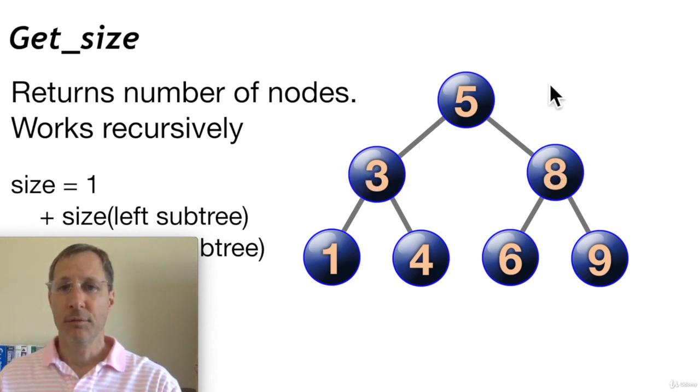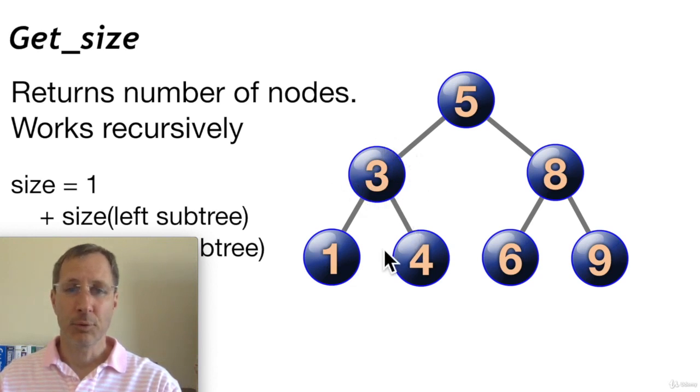In other words, the size of this tree is equal to, well, the 5 node is 1 plus the left subtree, which is the subtree starting with 3, and then the right subtree is the subtree starting with 8. So we say the size of this tree is 1 plus the size of these two subtrees. And then we'd call the same get size function on 3's left and right subtrees.